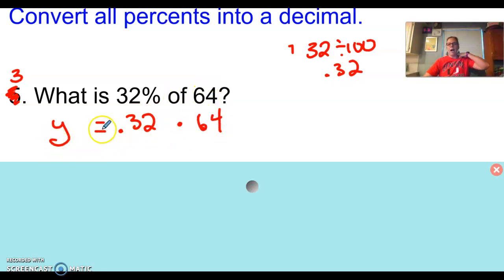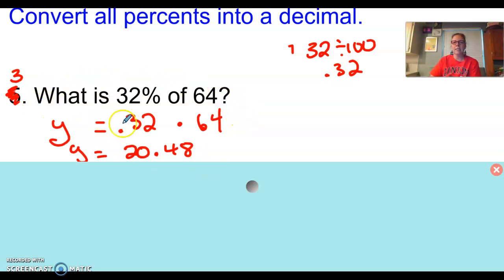So now we have y equals 0.32 times 64. So use your calculator. We don't have to do anything except for multiply. Since they're on the same side of the equal sign, we just solve it. So 0.32 times 64. So y is equal to 20.48.